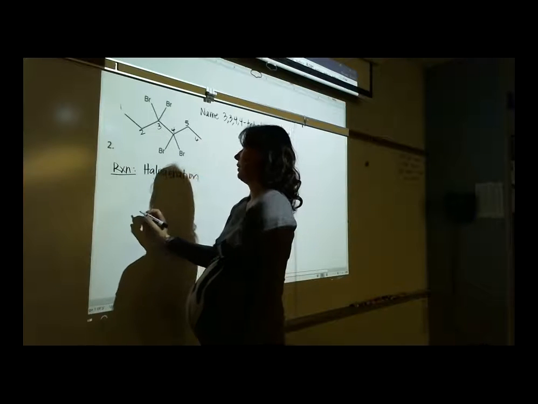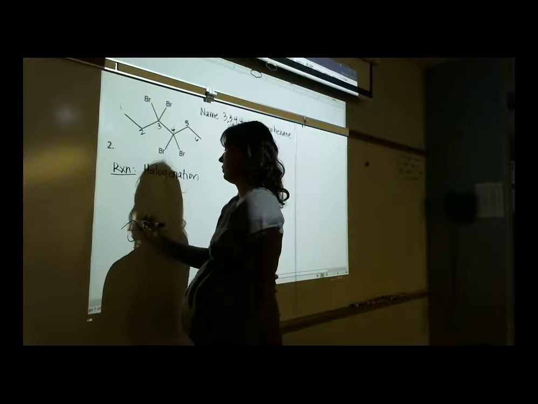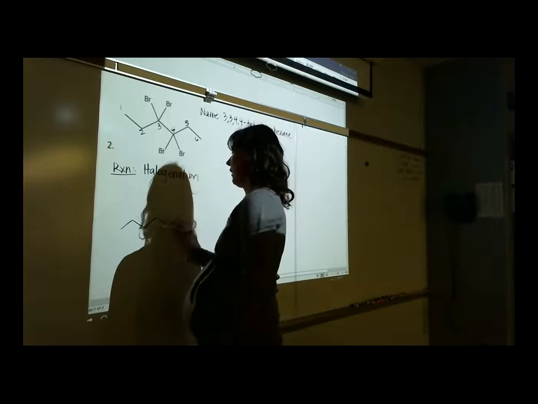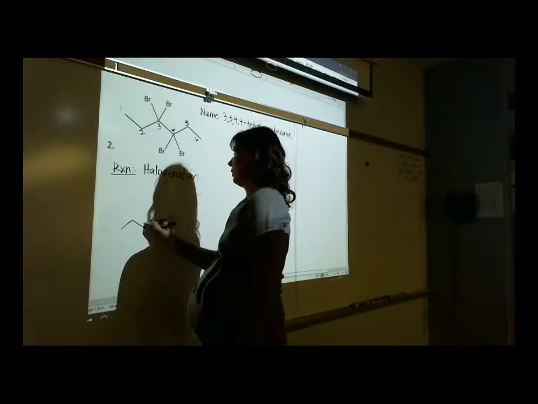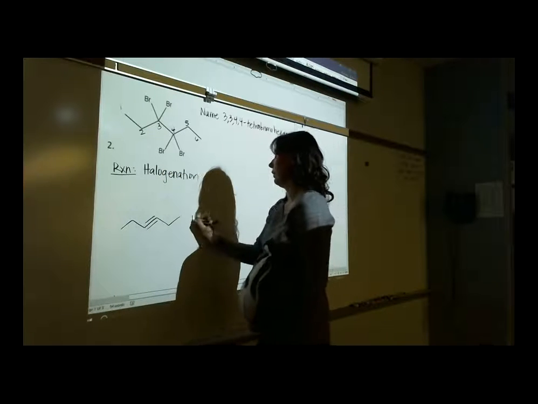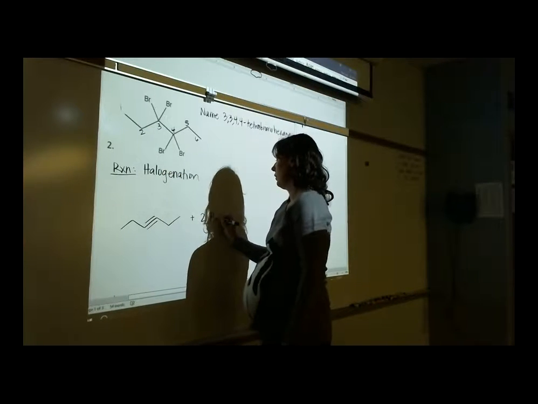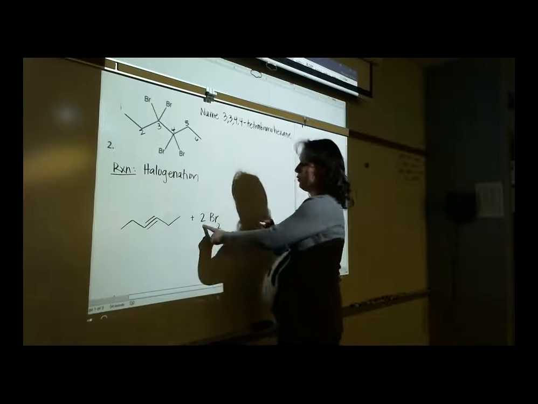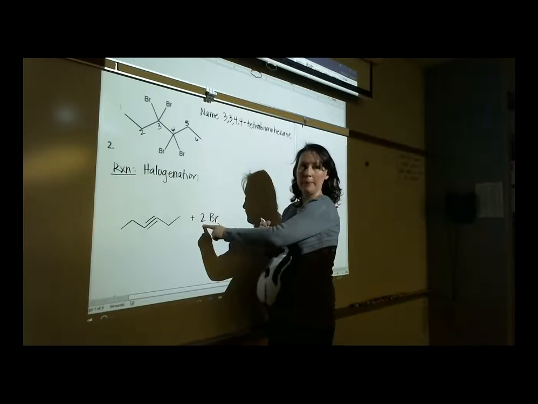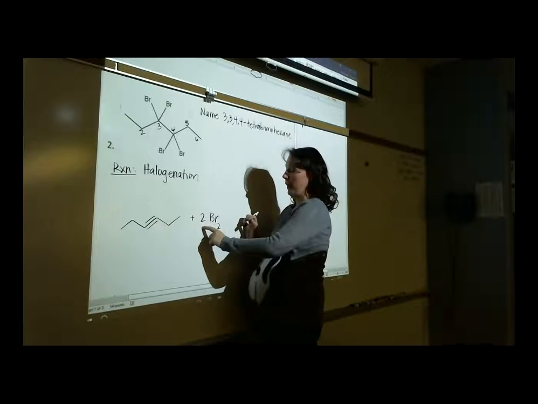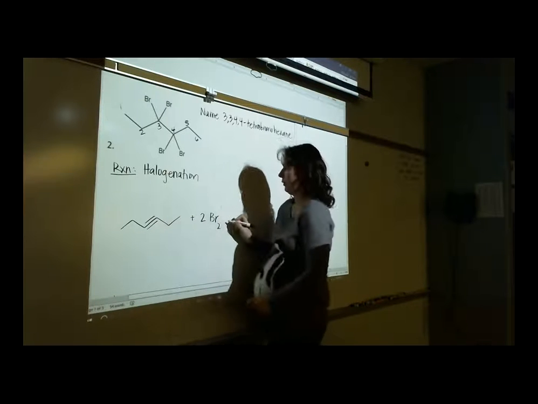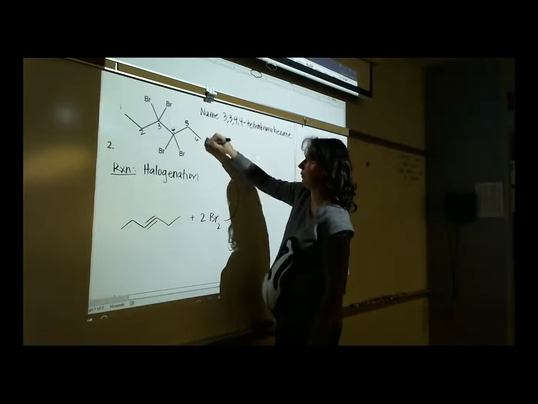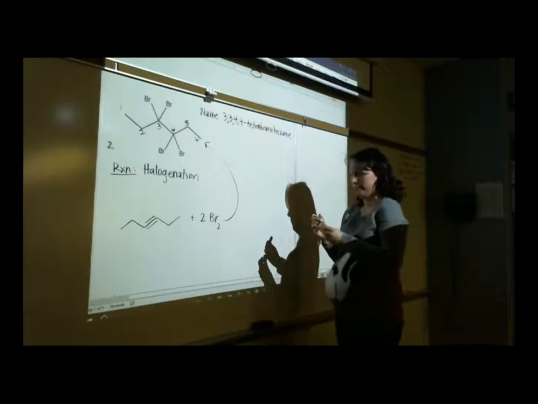So we would take 1, 2, 3, 4, 5, 6, and between 3 and 4, we need our alkyne, plus 2 Br2. Don't forget that coefficient of 2. Why do you need 2 of them? Because it's an alkyne. The first pair will give you 1 on each, and then the second pair will give you the second. And then that'll give you your desired product.